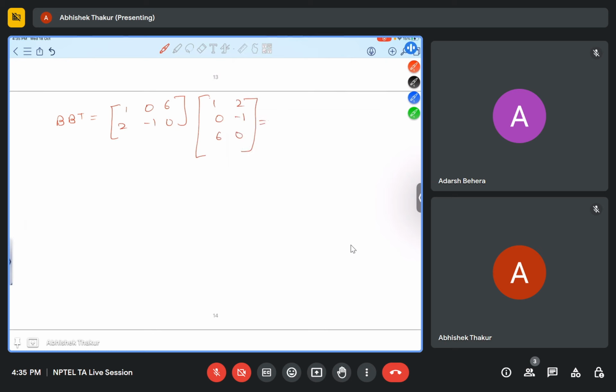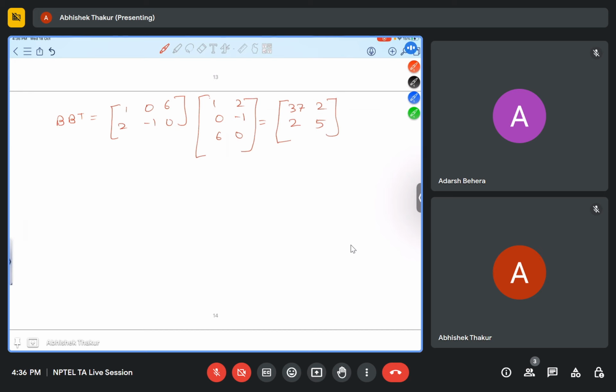When we multiply this, we get 37, 2, 2, 5. This is 2 cross 3 and that is 3 cross 2, so the final answer will be 2 cross 2.